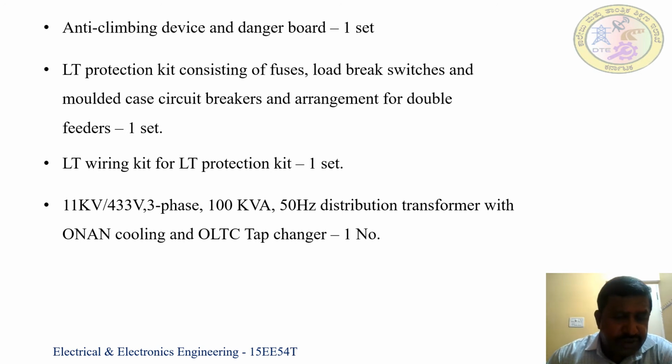Next, the distribution transformer. The specification is 11 kV, 433 volts, 3 phase, 100 kVA, 50 Hz distribution transformer with oil natural and air natural cooling and on load tap changing transformer. Quantity is 1 number.